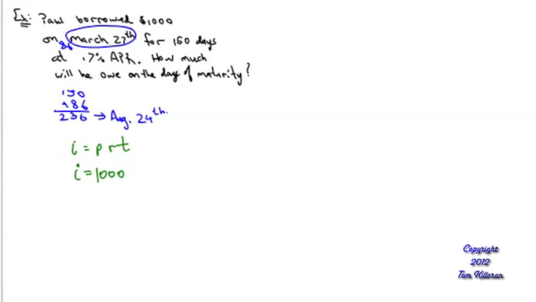Do I know the interest rate? 17%, so I write it as 0.17 times 150 over 365. Now again, banks will use 360. I think the textbook uses 360, but I prefer you use the real number, which is 365. That's just me. Multiply that all together and get an answer for interest.